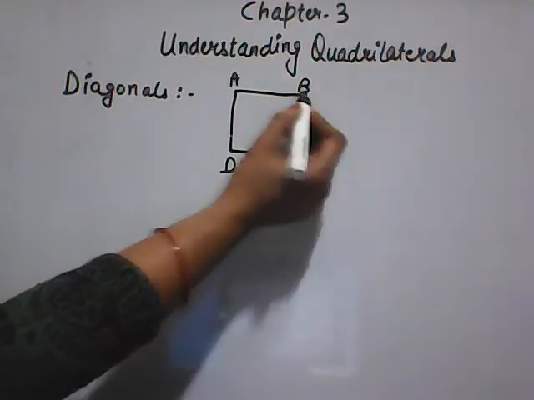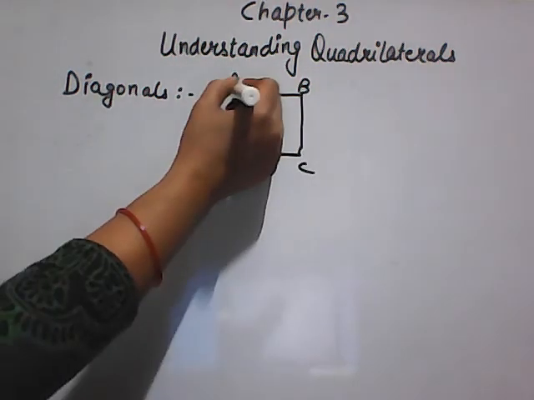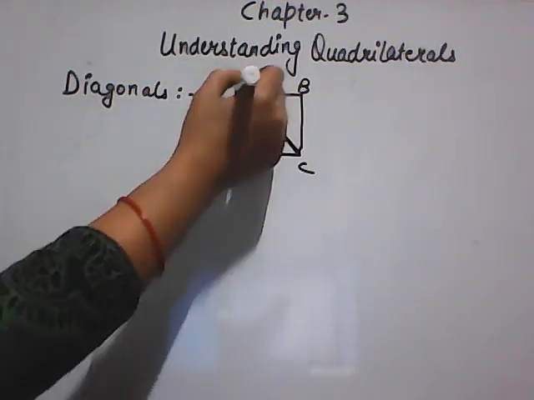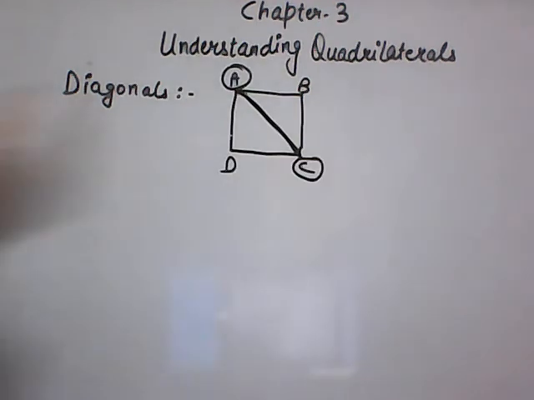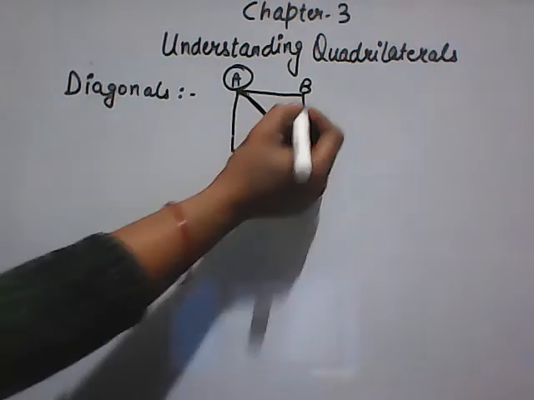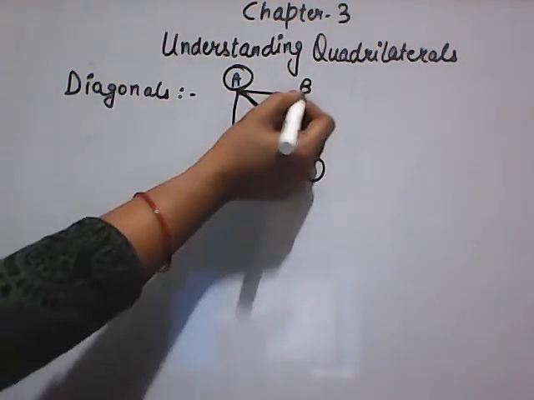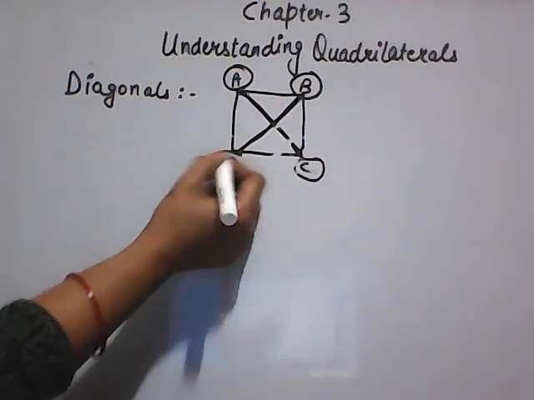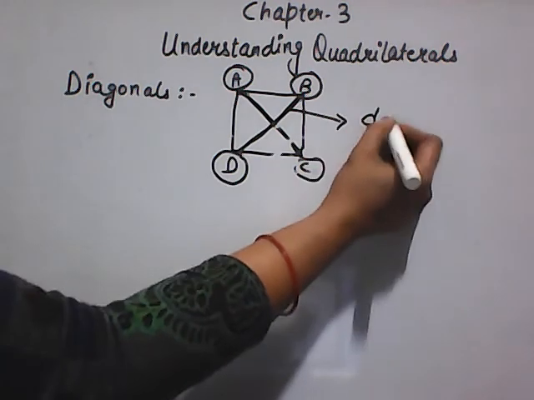Here A and B are adjacent vertices. A and C are non-adjacent, so we can join AC. AC is a line segment obtained by joining the non-adjacent vertices. That's why we can say AC is a diagonal. In a similar way, if we join B and D, the line segment obtained by joining non-adjacent vertices B and D is also known as a diagonal.